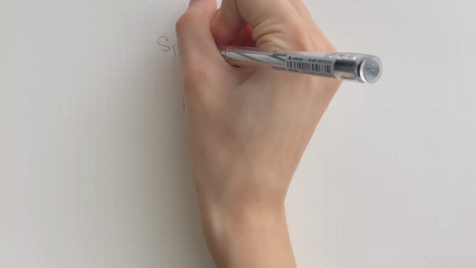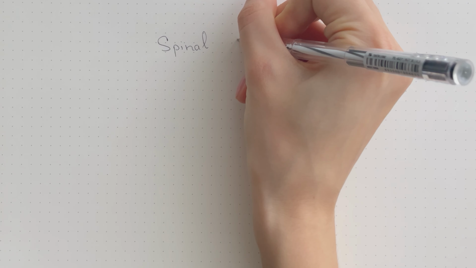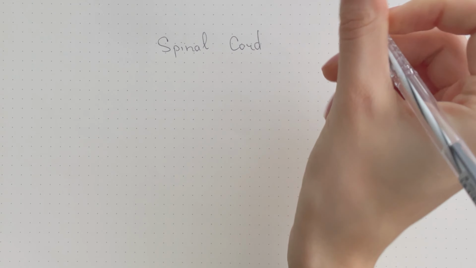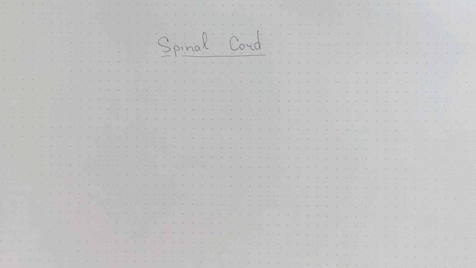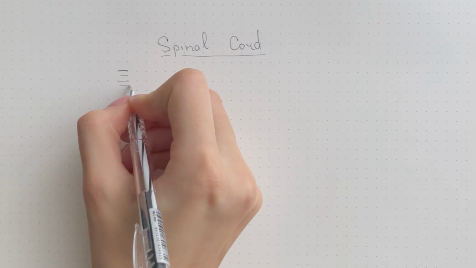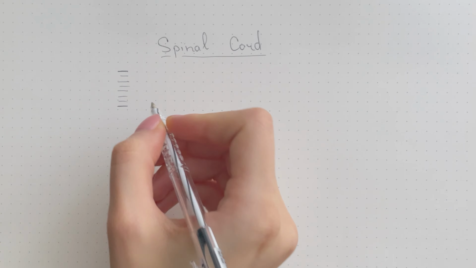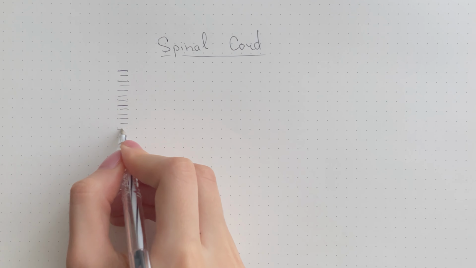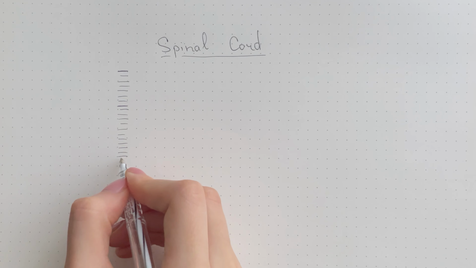Just as our body, from the neck to the coccyx, is divided into 31 levels, yes, levels like a high rise building, so the spinal cord is divided into 31 segments, each of which roughly corresponds to one vertebra.